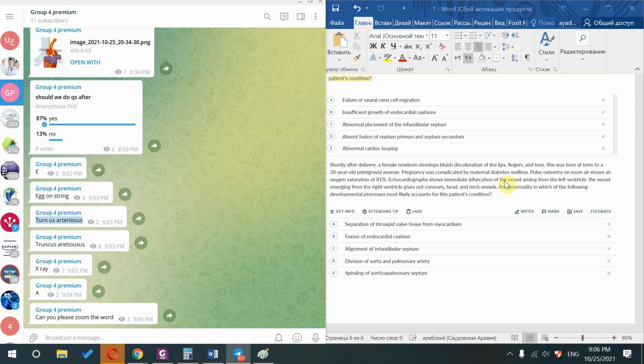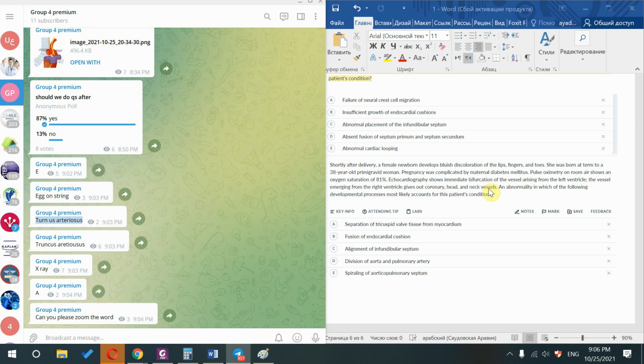From the left ventricle, you should not have bifurcation; the pulmonary artery does that. And from the right ventricle, they tell you the vessel gives the coronary arteries. That's the aorta giving the coronary arteries, not the pulmonary trunk. So here there is something messed up. Head and neck vessels from the right heart, that's wrong.